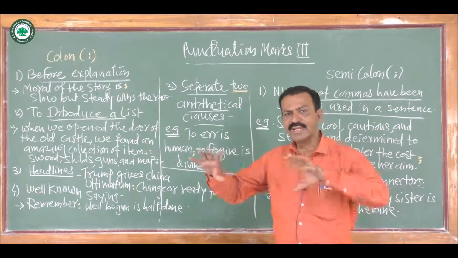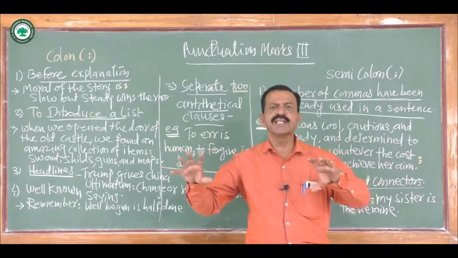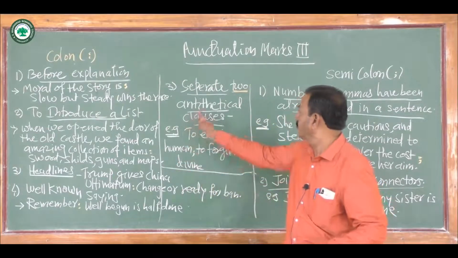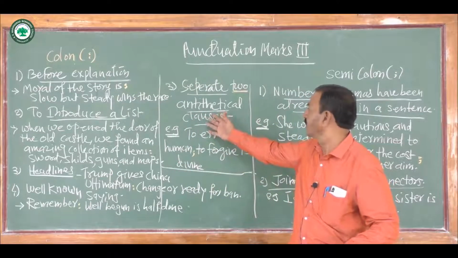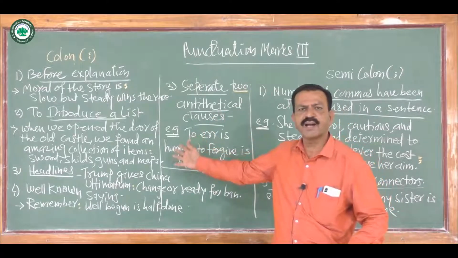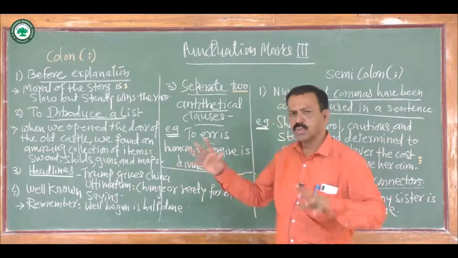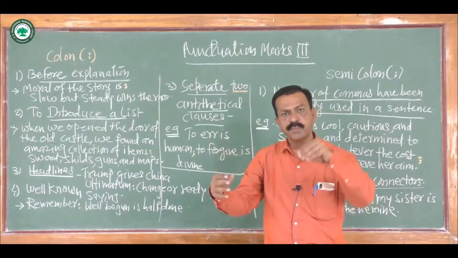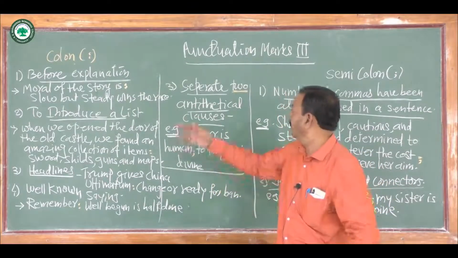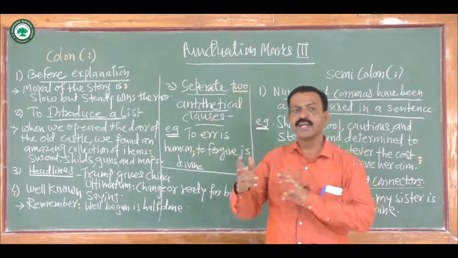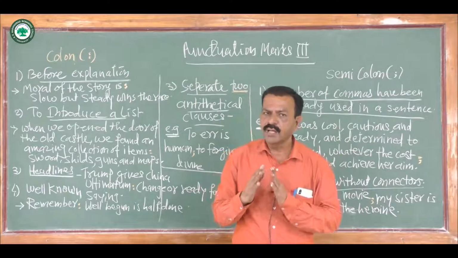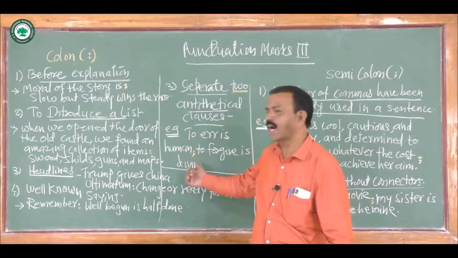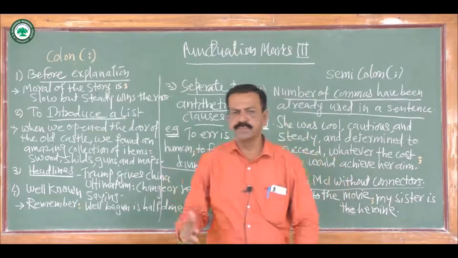So two opposite ideas are put together; these are the antithetical clauses. Make and forgive are antithetical ideas, and on such occasions we have to use semicolon.